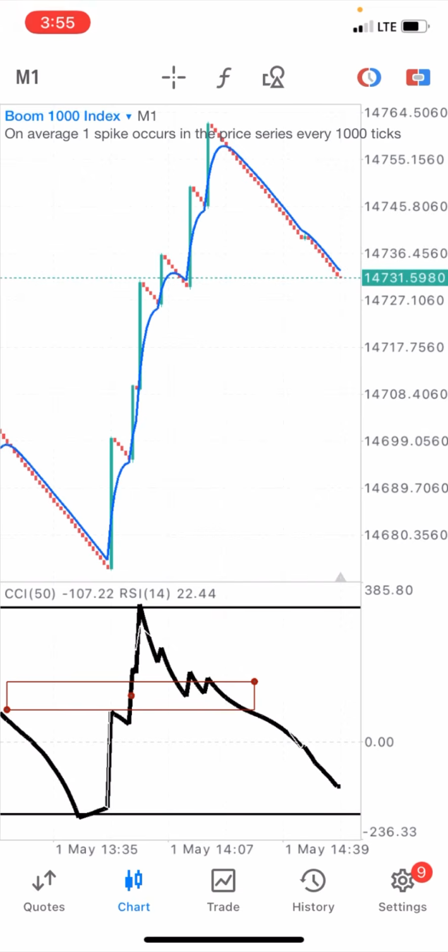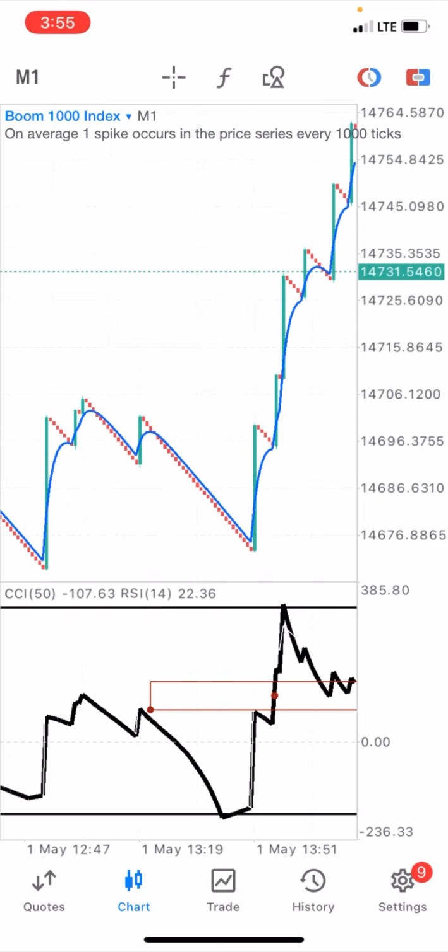And how do you get good entries? You simply just have to see that the indicators have come to your key support areas. For the people who are selling the crash market, trying to catch spikes, you want to see that the market has come to your key resistance level. So the indicators here are going to show you your key support and resistance levels.